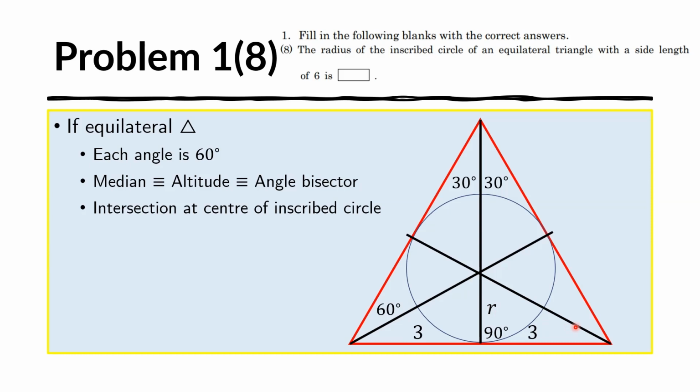And this angle here, because this is also an angle bisector, this will be 30 here. And now we have a special triangle, 30, 60, 90.